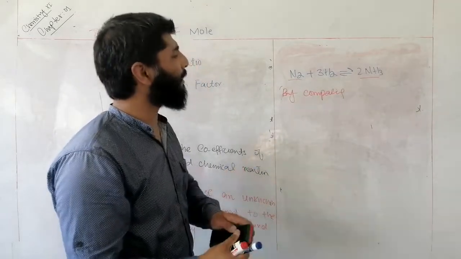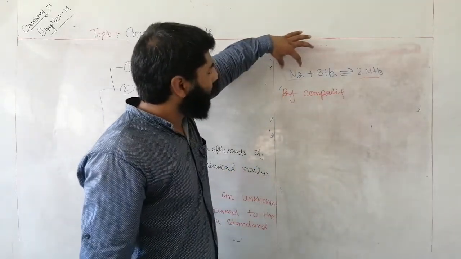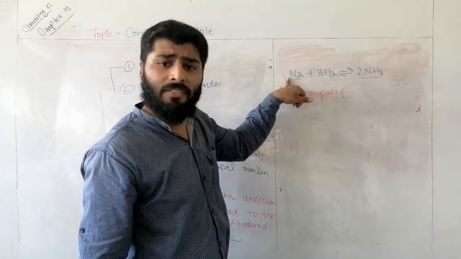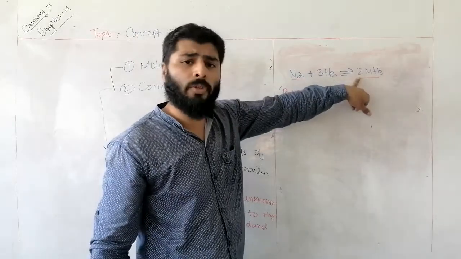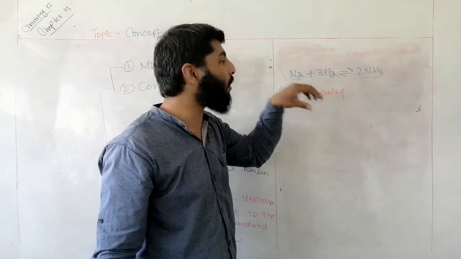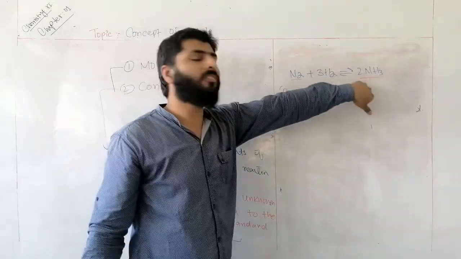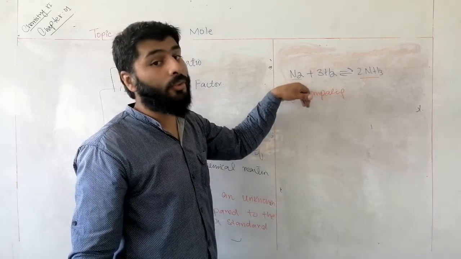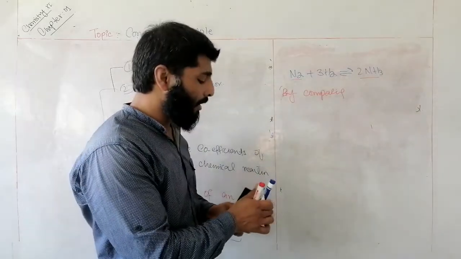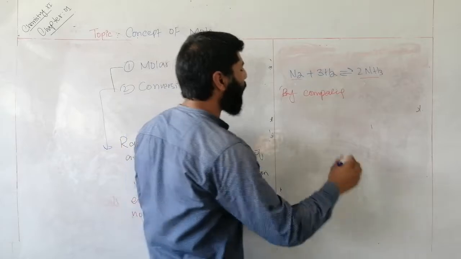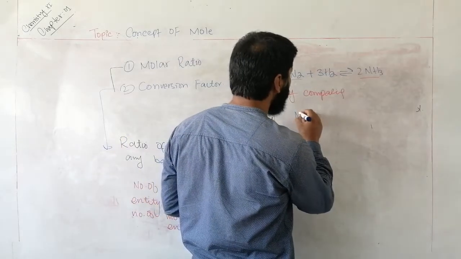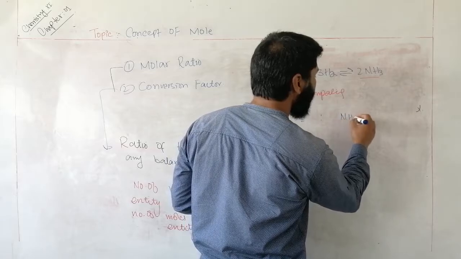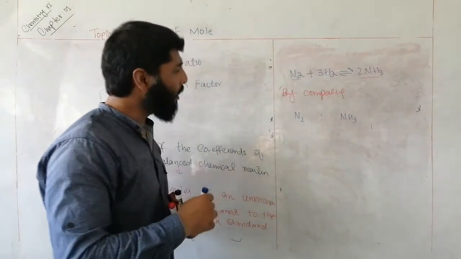For example, you are asked that according to this reaction, 1 mole of nitrogen is required to produce 2 moles of ammonia. How many moles of ammonia will be formed when 3 moles of nitrogen are used? So there are two possibilities. According to the concept of ratio, we will compare the number of moles of nitrogen with ammonia, NH3.